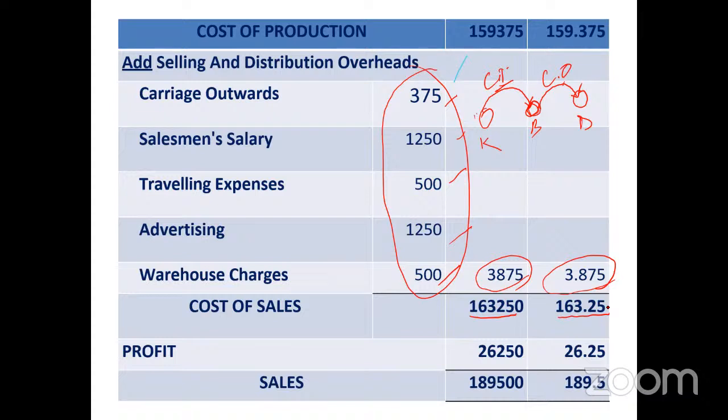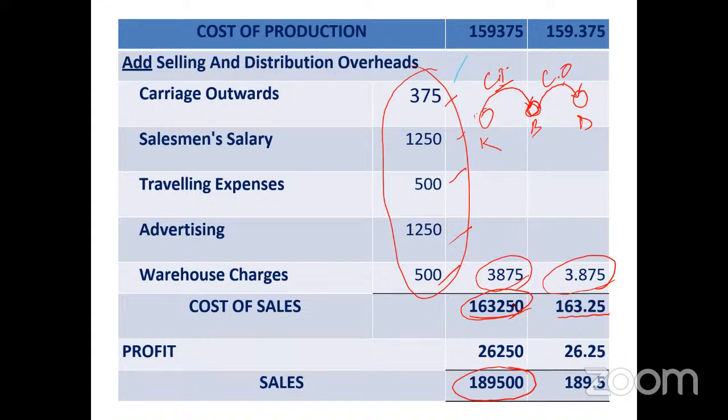If your total sales, let's say in your question it is given, is 1,89,500, then you are required to calculate the amount of profit. How do you get the profit? Here the total cost we have already ascertained.